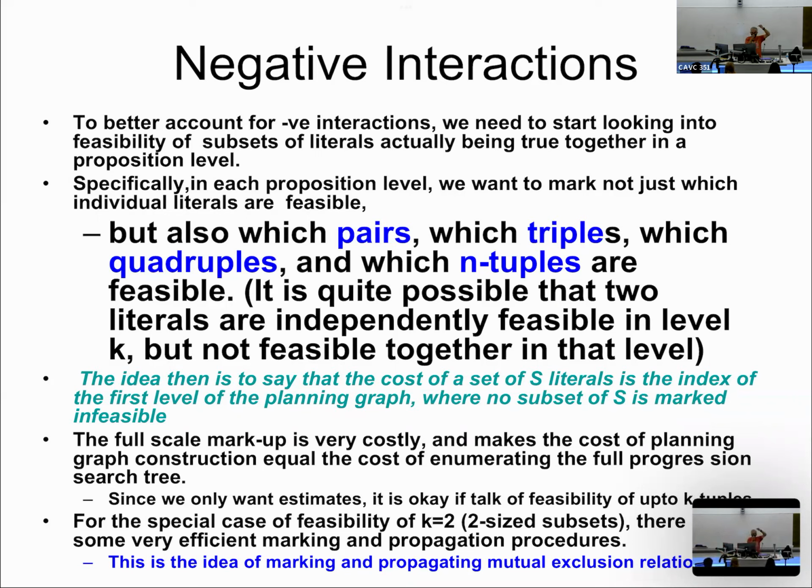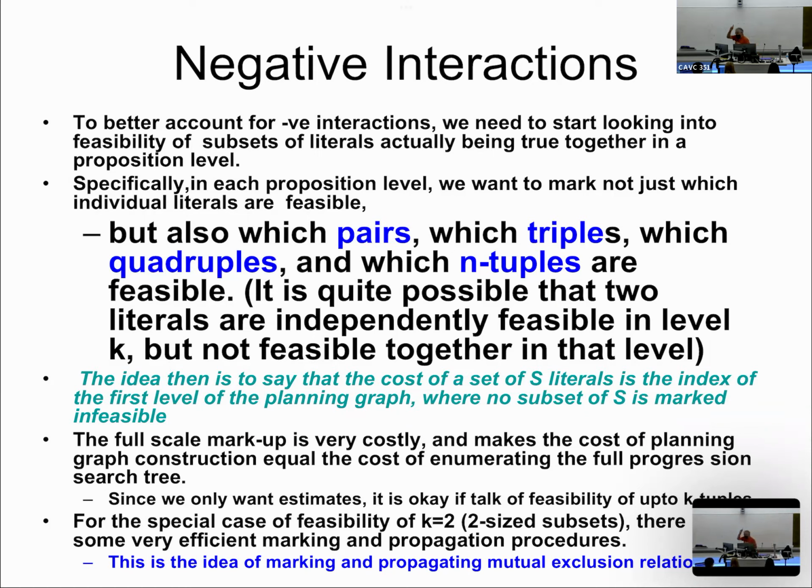It's harder to say two goals are mutually exclusive, right? Because if G1 can be done in 3 ways and G2 can be done in 4 ways, and they're all different actions, G1 can be given by A1, A2, A3 and G2 can be given by B1, B2, B3, B4. There are 12 pairs of actions.